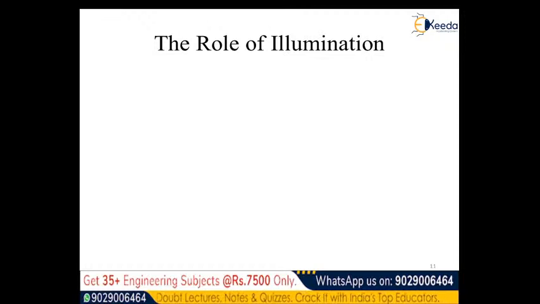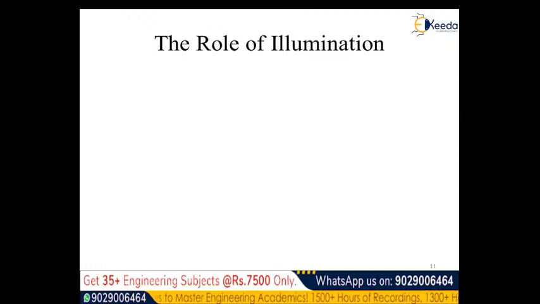So there is a requirement that the objects in the scenario for which we intend to capture the image should be illuminated by a certain source of electromagnetic energy. Light is the best example of electromagnetic energy.